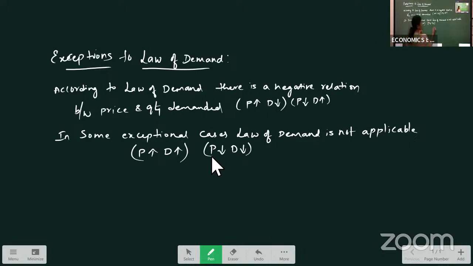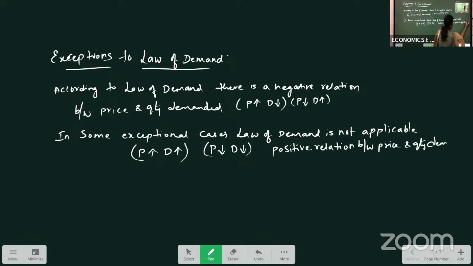So what relation will they have? There is a positive relation between price and quantity demanded.